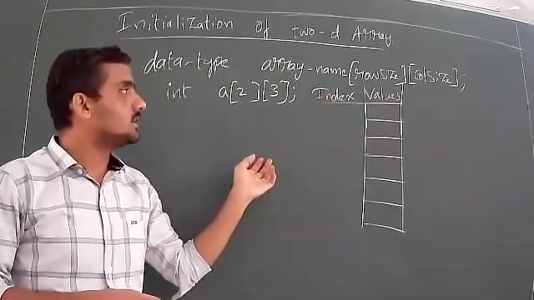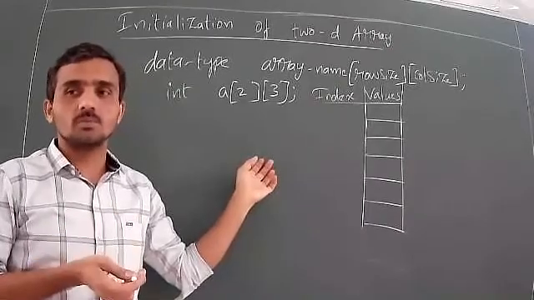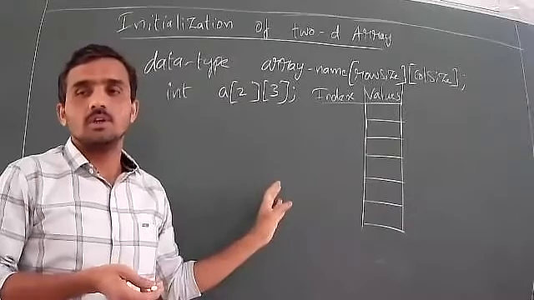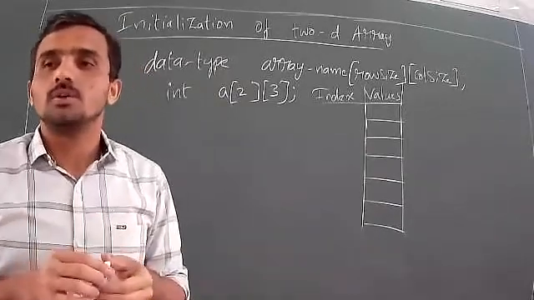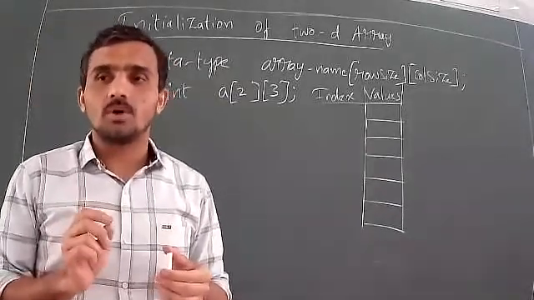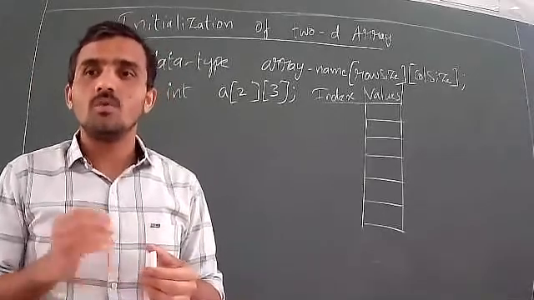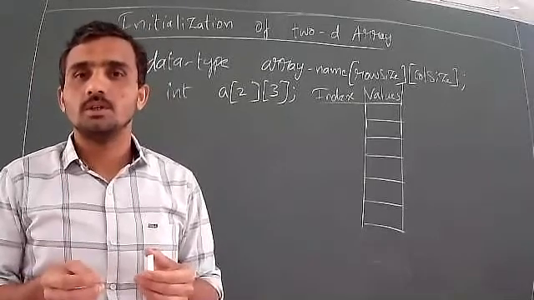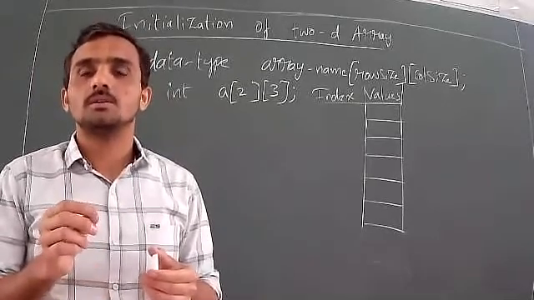Now, if we consider how it is stored in computer memory, either we can consider the vertical way or the horizontal way. In computer memory, we will not write like table form, that is rows and columns. If we want to understand in user view, in user perspective, we have to write in table format.